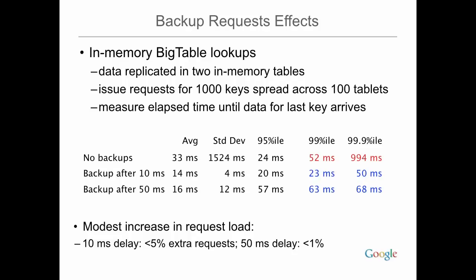And even backup after 50 milliseconds does a pretty good job of controlling the really long tail. And you actually have a pretty modest request load increase. The reason is that after 10 milliseconds, most of the keys are back. So it's not like you're sending out for all the keys. It's just a few stragglers that you're trying to deal with.